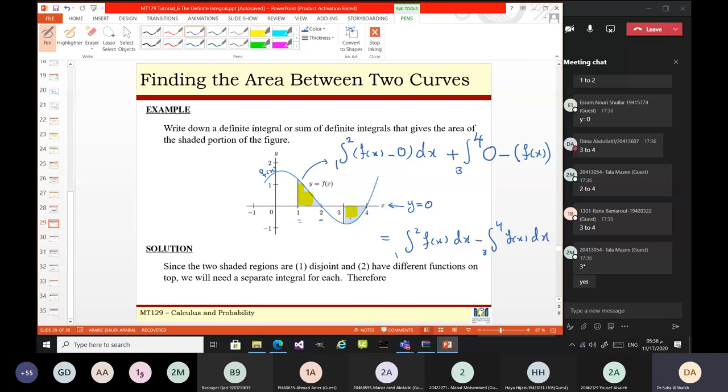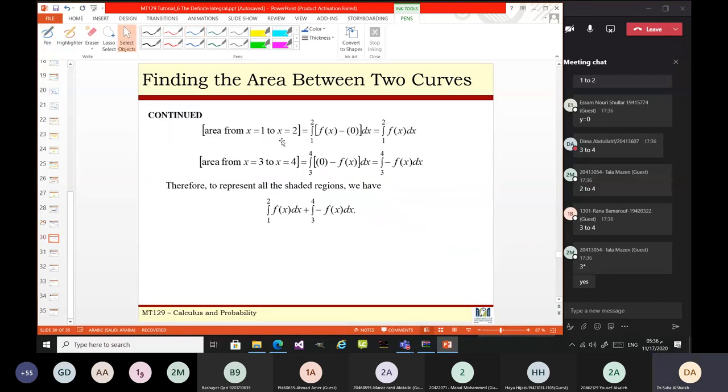So this represents the integration of the two areas here. Okay? And you can see it here. This is our integration.